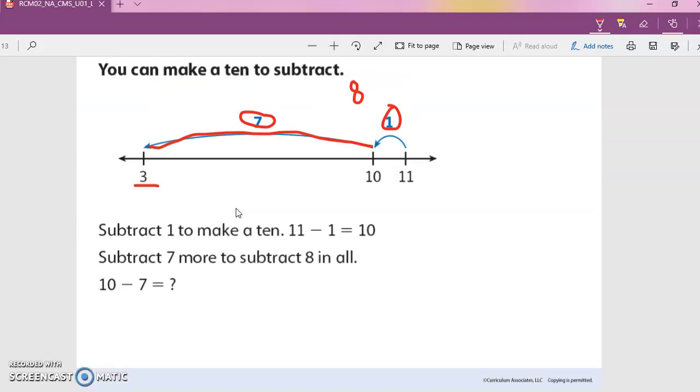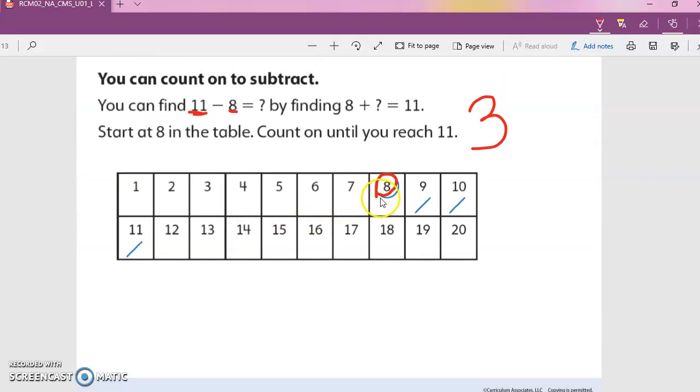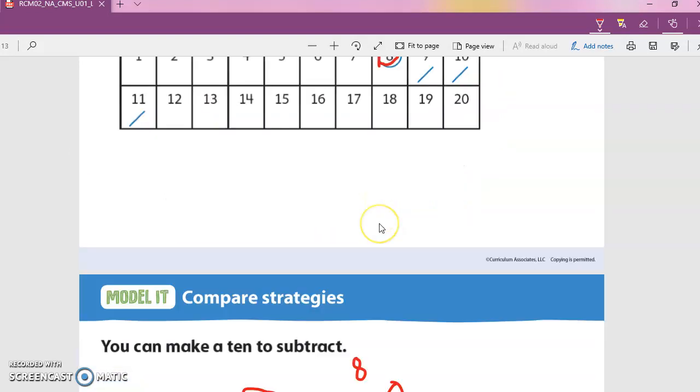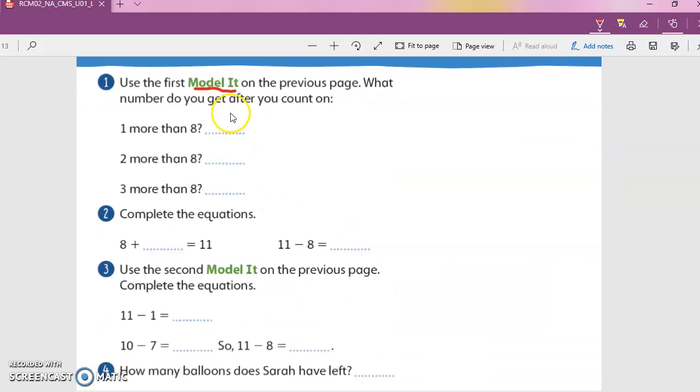Oh, so when you're counting on, right here. What number do you get when you're counting on? You get 9, right? Because 9 comes after 8 when we count. 2 more than 8 is 10, and 3 more than 8 is 11.